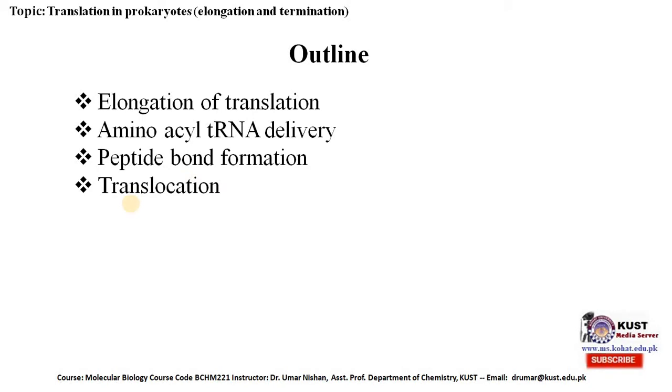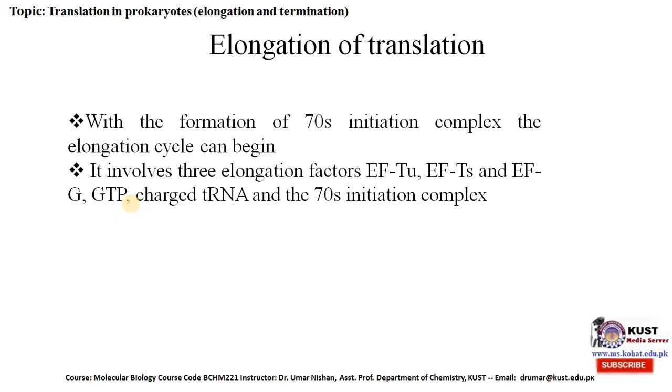So we will talk about this process of translocation, and then finally we will talk about the termination, how this process of translation is terminated, or comes to its end or conclusion. So this is the outline. Now we move towards our lecture.